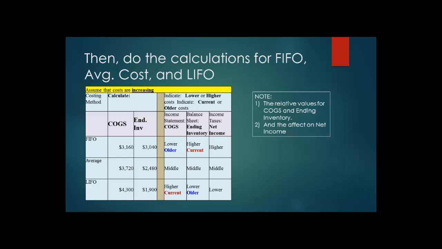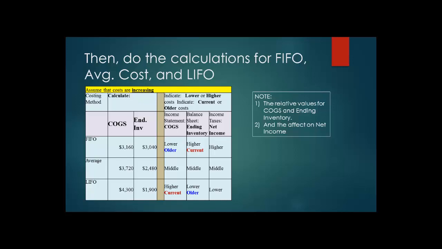The opposite is true for LIFO. When you value cost of goods sold using LIFO, you get the highest cost, $4,300. That's because you're using the most current costs, which are the highest costs in times of inflation, when prices are going up. And of course, average costs will be in the middle.